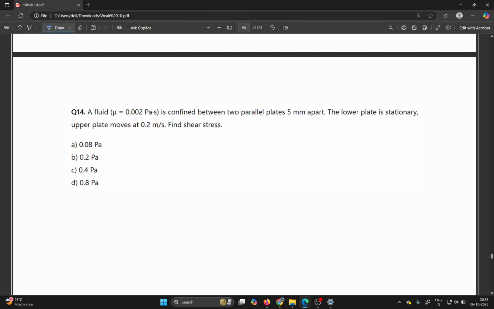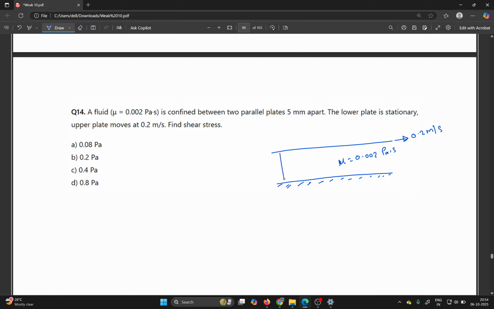Similar case here. You have two plates. The lower is stationary, so I will draw it, and the above one is moving with the velocity 0.2 meter per second, and the dynamic viscosity you have is 0.002 Pascal second.